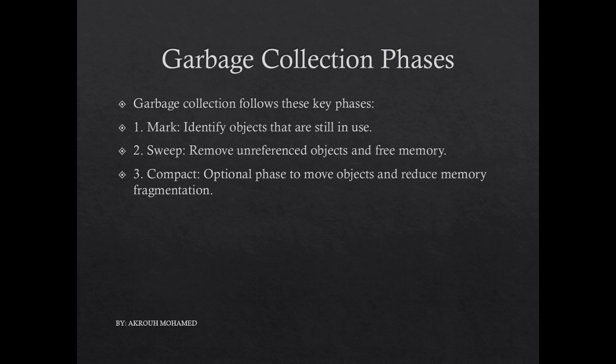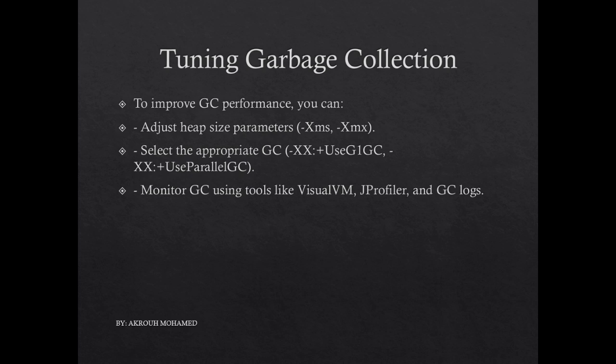To optimize garbage collection performance, you can tune several parameters and use tools to monitor its behavior. You can adjust the heap size using the -Xms (initial heap size) and -Xmx (maximum heap size) parameters to control how much memory the JVM can use. You can also choose the appropriate garbage collector based on your application's needs.